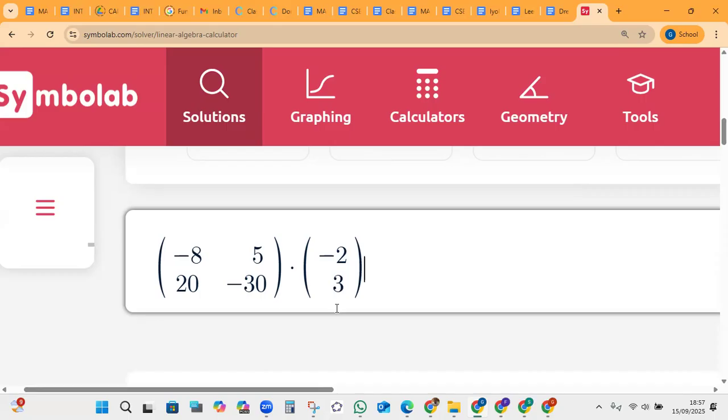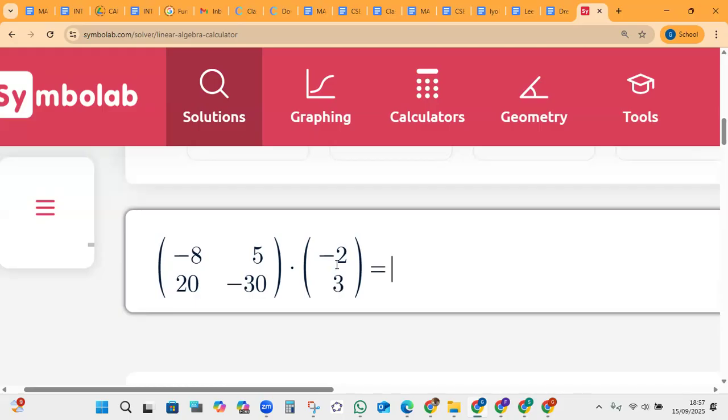Also, our result, which is our product, will have its number of rows determined by the number of rows in the first matrix. Because the first matrix has 2 rows, our answer will have 2 rows. The number of columns is determined by the second matrix.